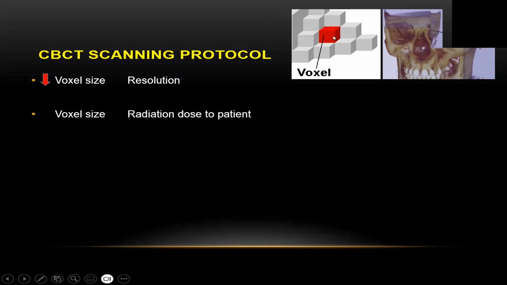And the resolution is a factor of the size of this cube. If, with your setting on the machine, you select a smaller volume element size, or smaller sized cube, you can stack more cubes to create your image and you will get a higher resolution.